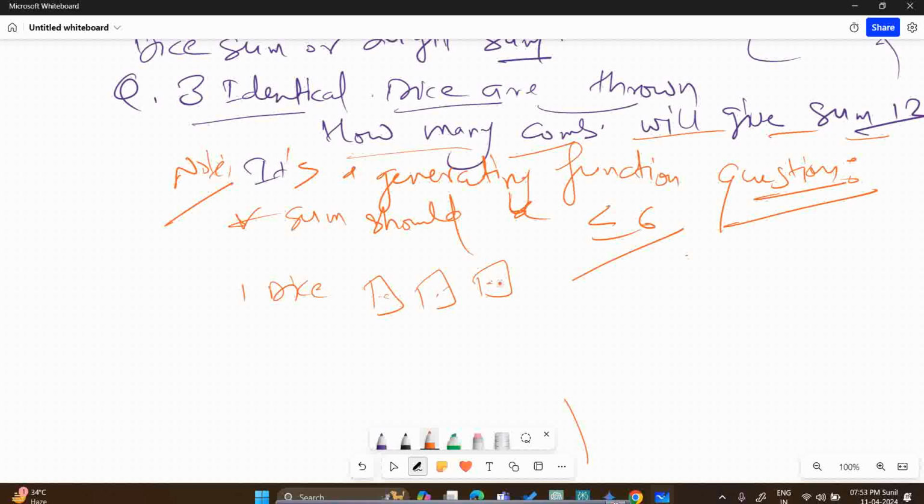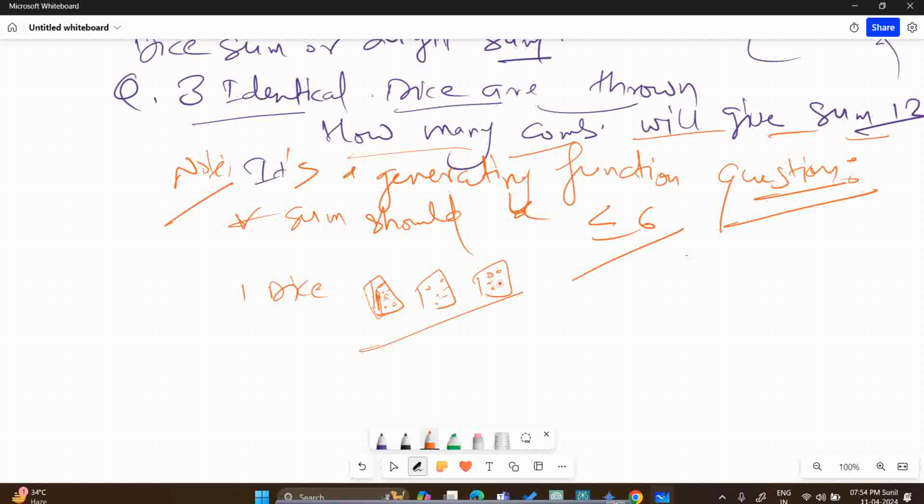How many combinations are there which can give a sum of 12?